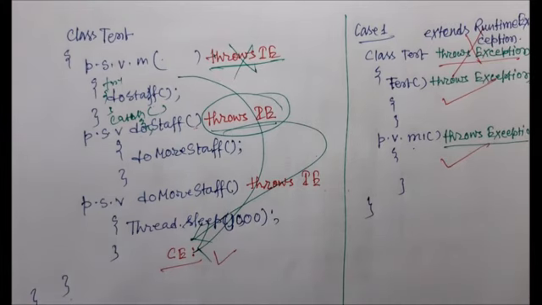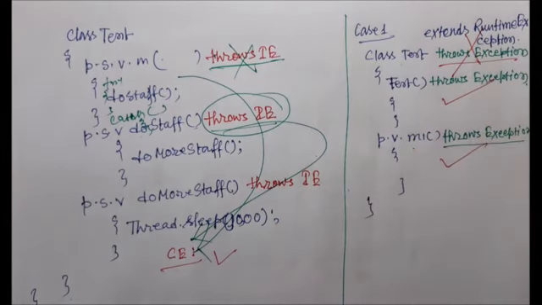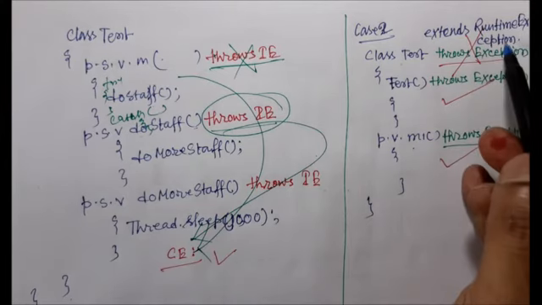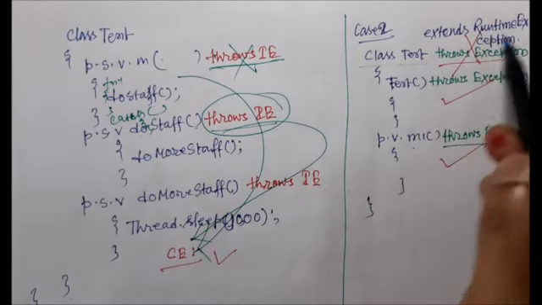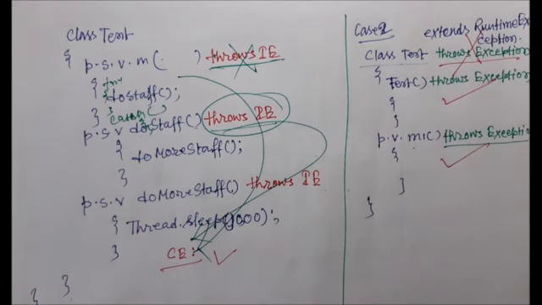So the class Test extends RuntimeException. This is case 2. RuntimeException is a subclass of Exception. So then we can use the throws keyword, right?